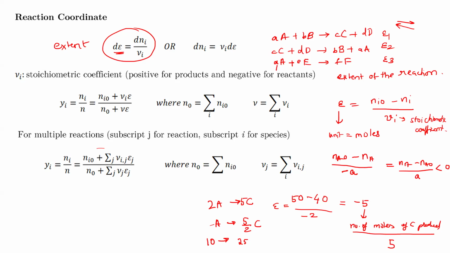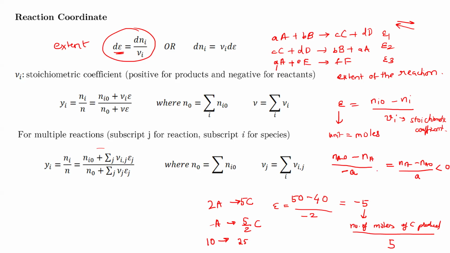For example, for the first equation, Na naught minus Na by minus A, the stoichiometric coefficient for reactant A. For a single reaction this is written as Na minus Na naught by A, and this is less than 0, so it is getting reacted.